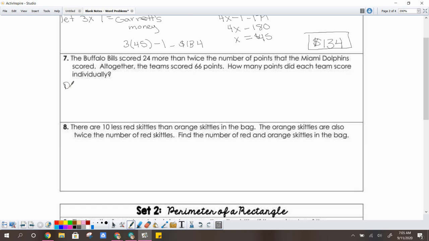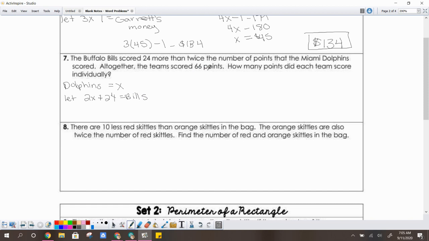So the Dolphins' score is going to be x. And then we're going to let 24 more than twice the Dolphins, that's the Bills.